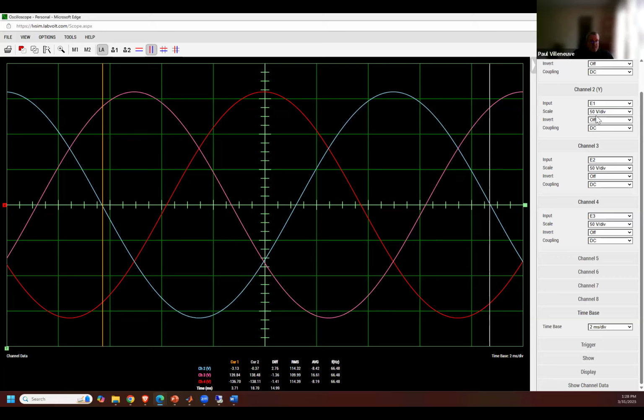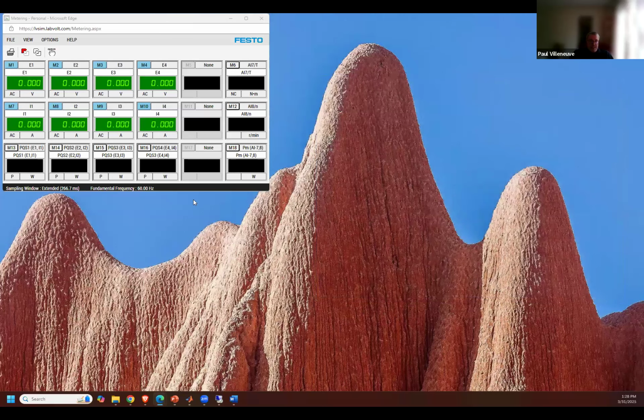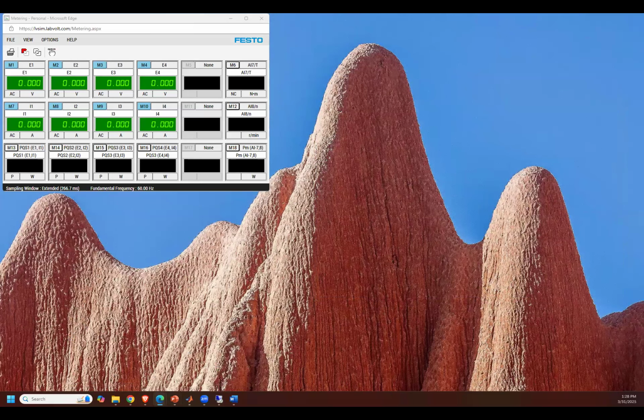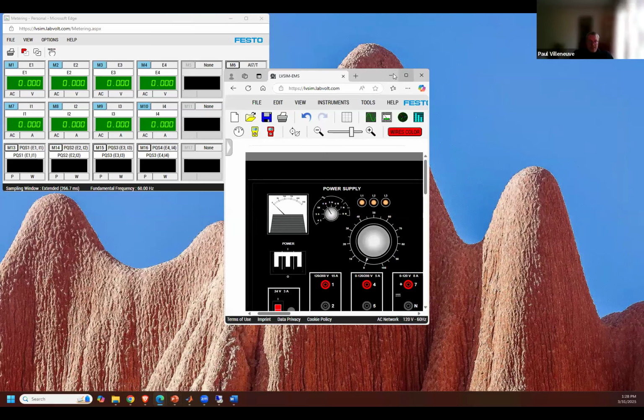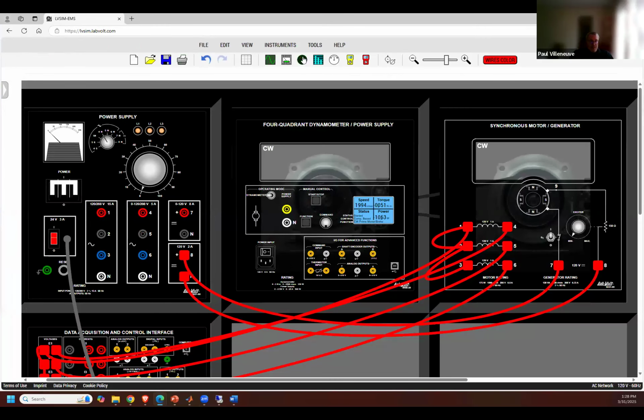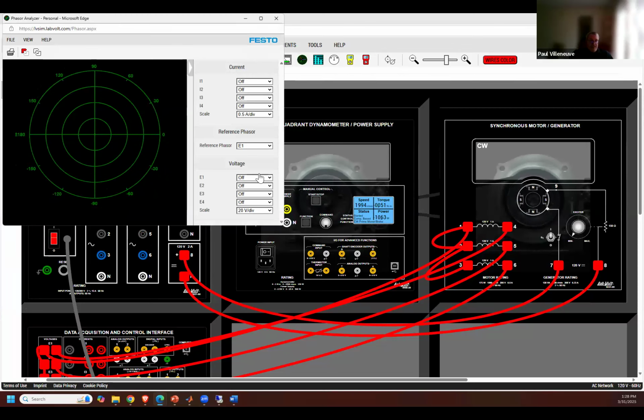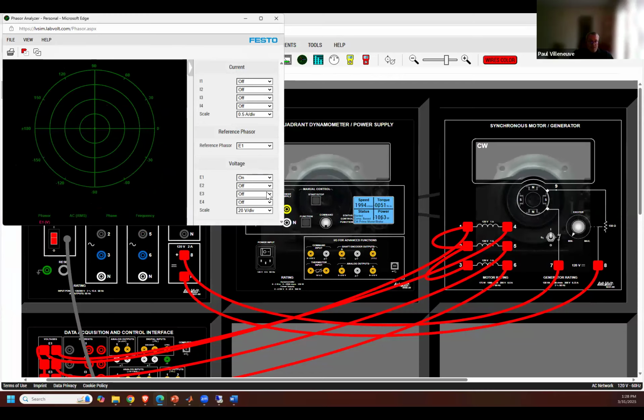Okay. There's one other way to measure this. Anybody want to guess what would be the other way to check to see if it's a balanced system? Could we use the phasor plot? Yeah, phasor analyzer, right? So if I go over here and click over here, this is even better. But this is a fancier device. Most of the time you don't get to see phasor analyzers in the real world.